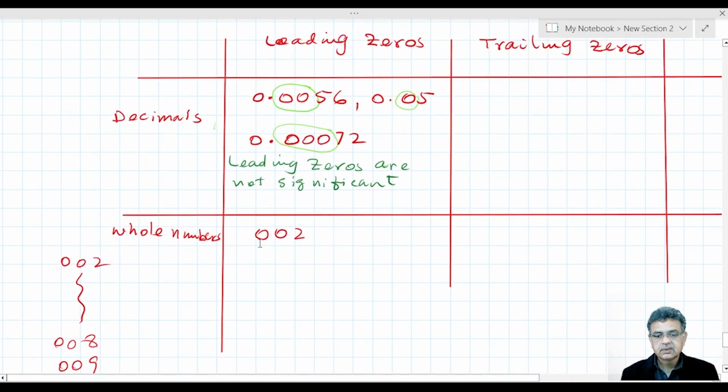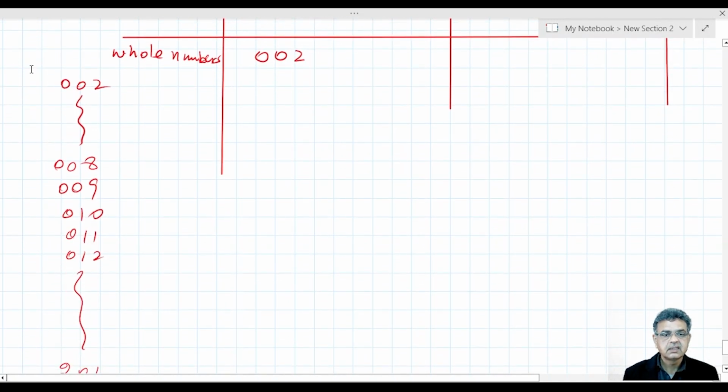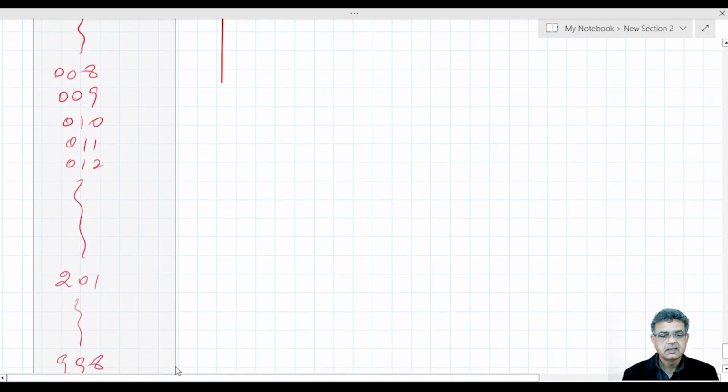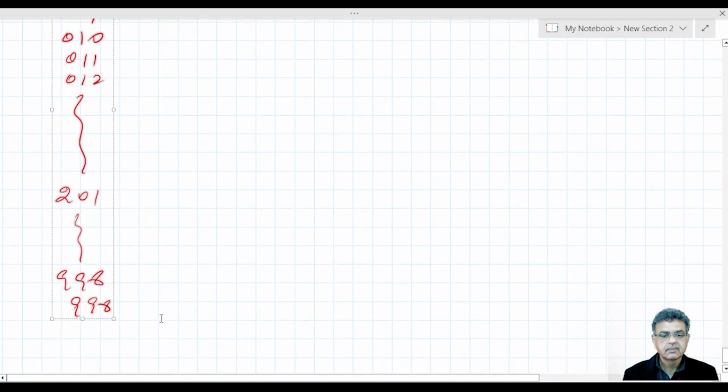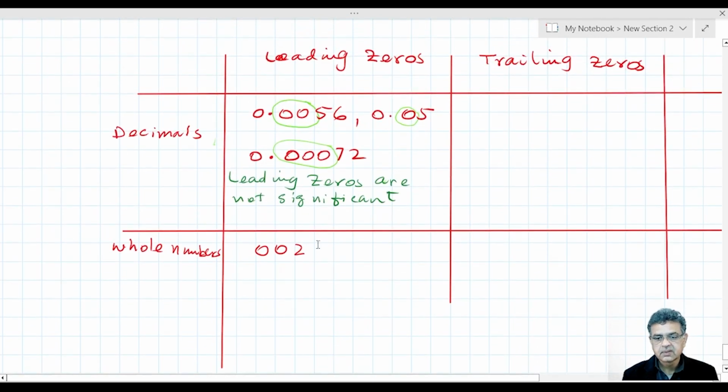Such zeros which have no significance are known as placeholders. These two zeros or these zeros are called placeholders. I think I should write it here that they are placeholders which are not significant. So first let me shift this word from here.